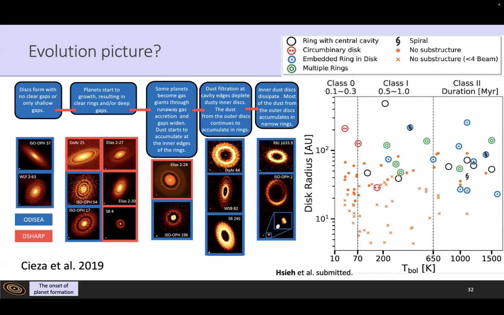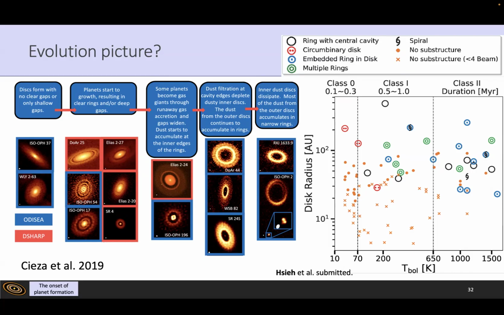Then over time, the dust will start to accumulate into one of the inner rings adjacent to a deep gap. This will form a bright embedded ring. Then over time, the dust will start to migrate inward, and the radial drift will cause the dust to dissipate. And eventually you will form a single ring with a huge central cavity.